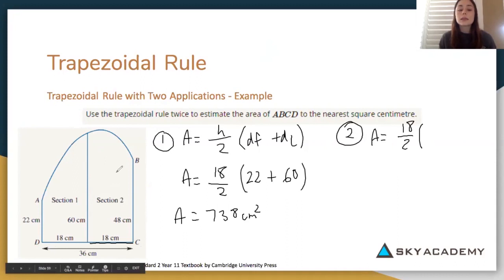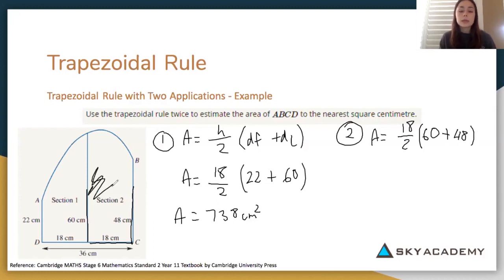This time when we're looking at section 2, the distance of the first is going to be 60. So ignore section 1, and the first side that makes up the boundary of section 2 is 60. And then we're going to plus that with the distance of the last side, which is 48. And that means section 2 will be enclosed in between these 2 sides.